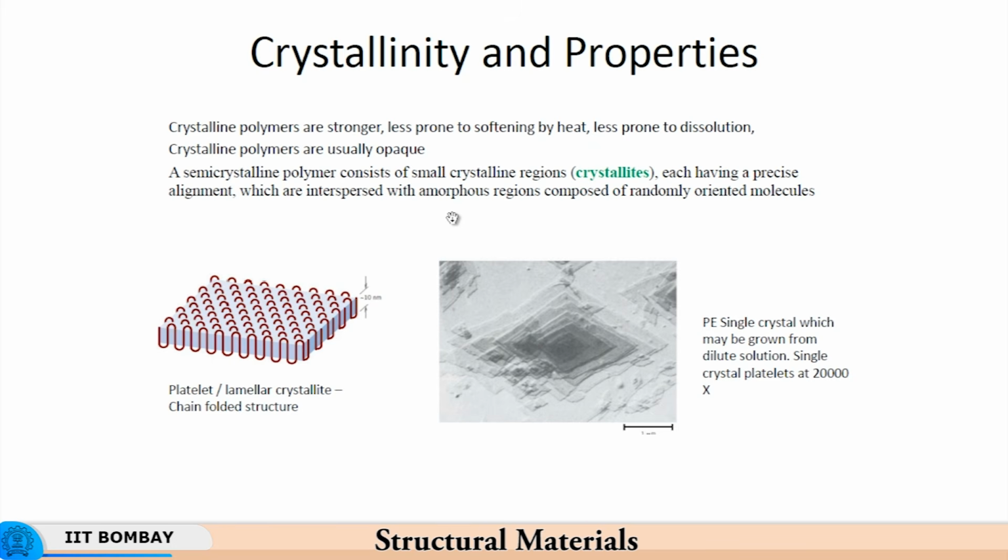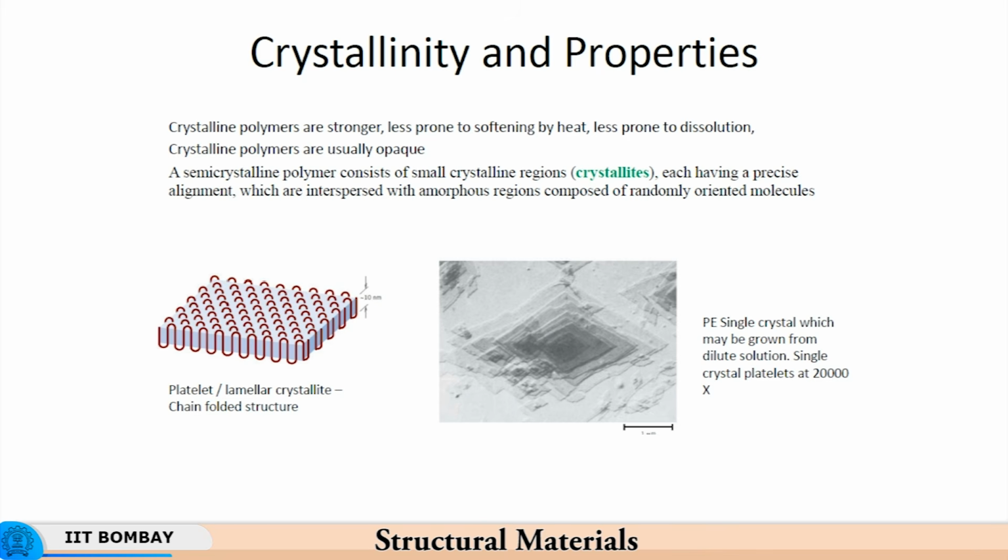So now how does it influence the properties? Crystalline polymers are stronger obviously because they are much denser, more closely packed, less prone to softening by heat, and less prone to dissolution. Crystalline polymers are usually opaque. That is because of the crystal boundaries. Every crystal has its boundaries, and the planes of crystals are differently packed in different directions, and therefore most crystalline polymers are opaque in nature.